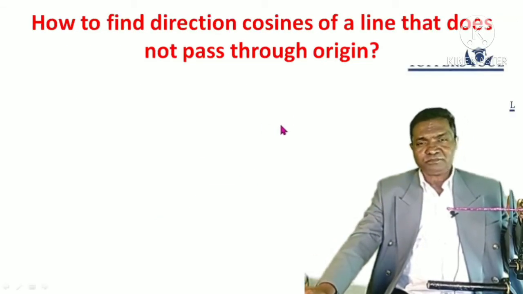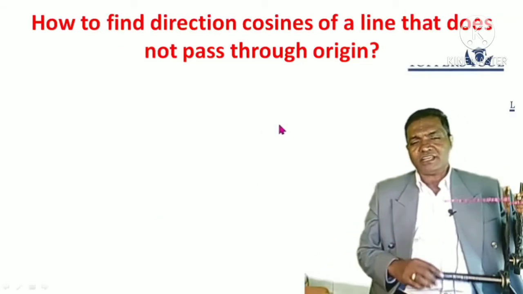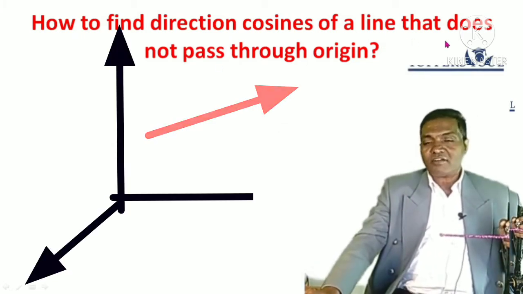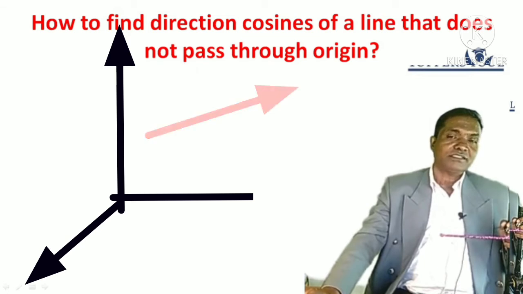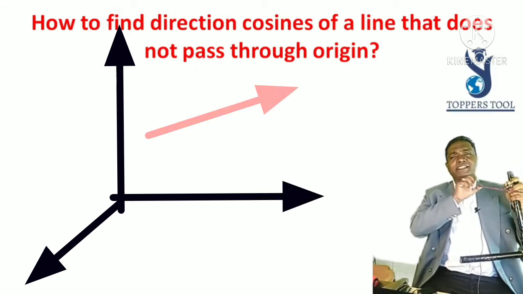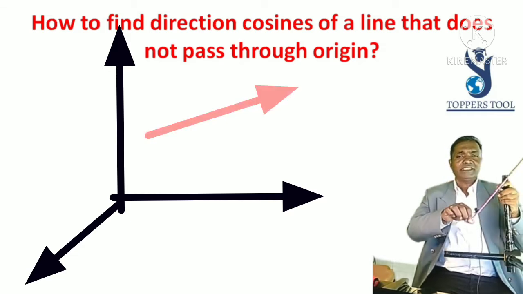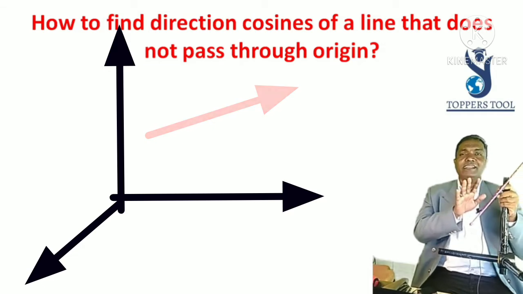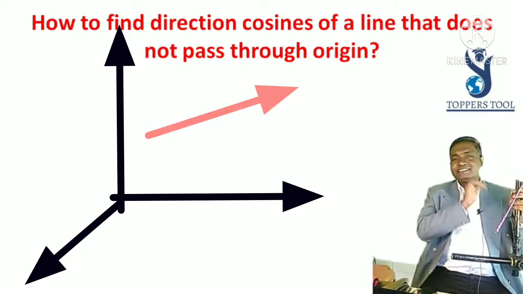Now the question is how to find the direction cosines of a line that does not pass through the origin. Suppose this is a line somewhere in space and I want the direction cosines of this line.